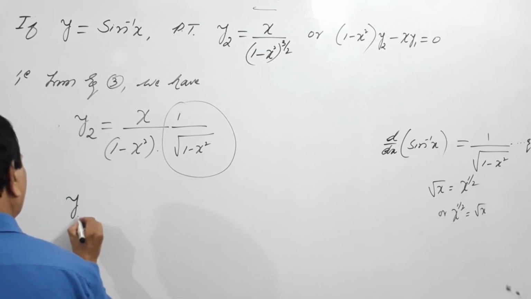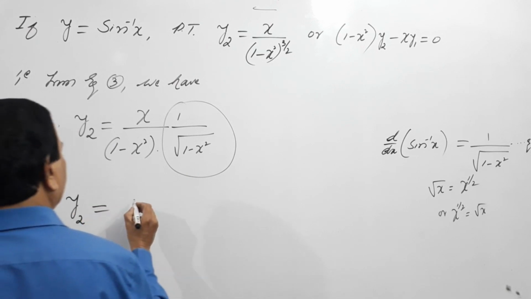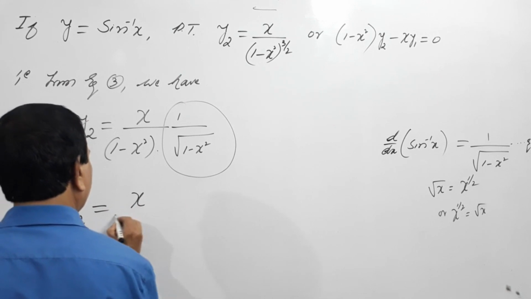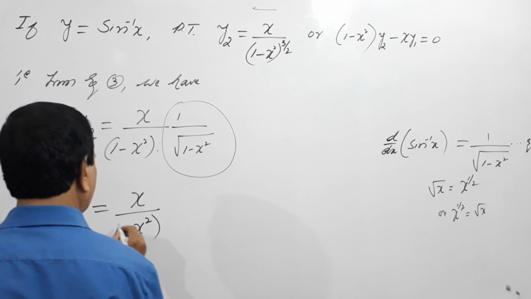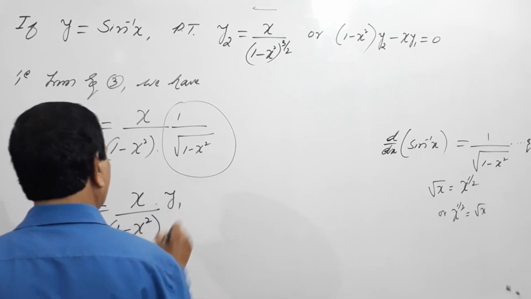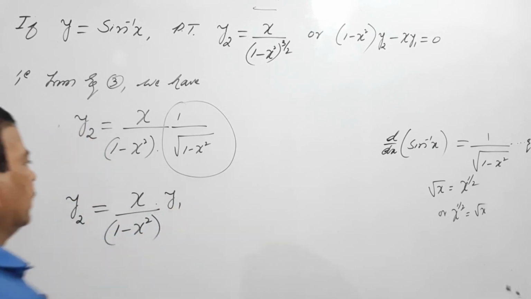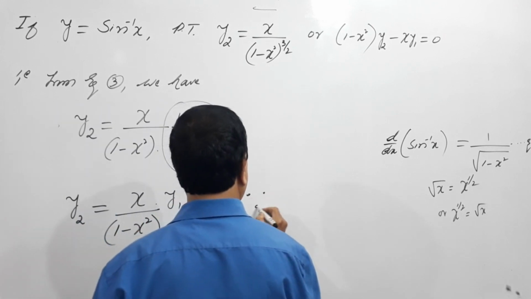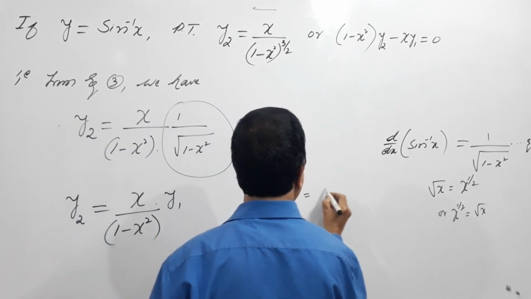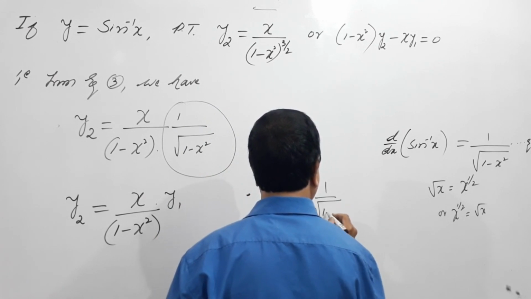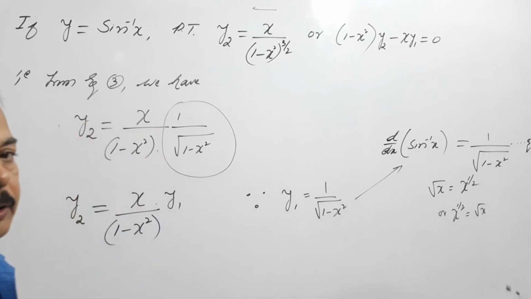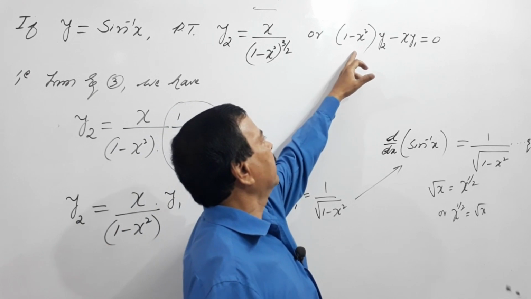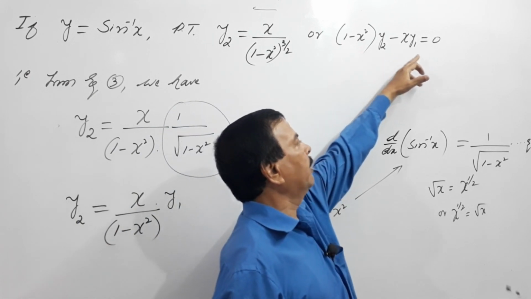So y2 equals x by 1 minus x square into y1, since y1 equals under the root 1 minus x square. Done. So what does he want? He wants 1 minus x square into y2 minus x y1 equals 0.